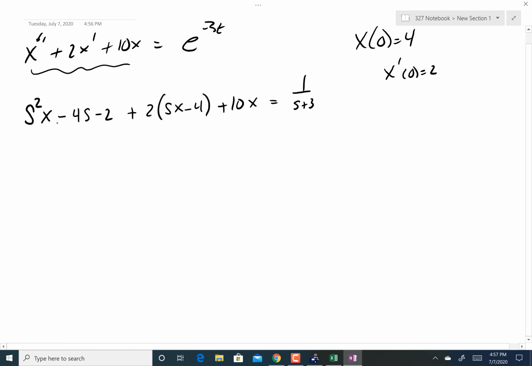All these are x of s's, it's too hard to keep track of them, so I just factor it out. s squared plus 2s plus 10 equals 1 over s plus 3. Oh, shoot. Plus 4s, and that's going to be minus 8, and minus 2 is minus 10, so plus 10.